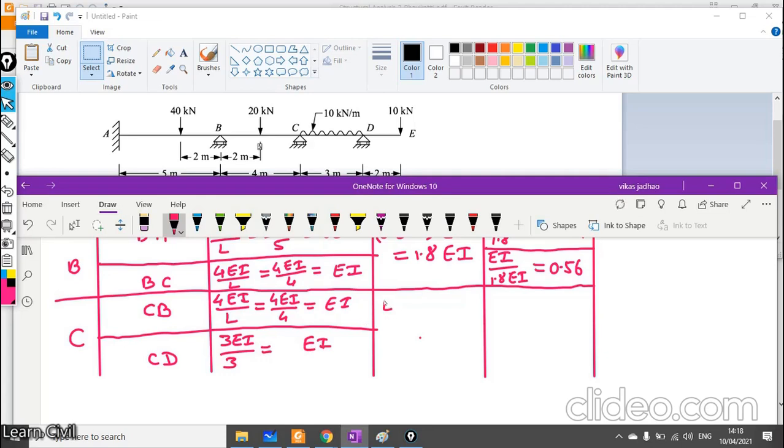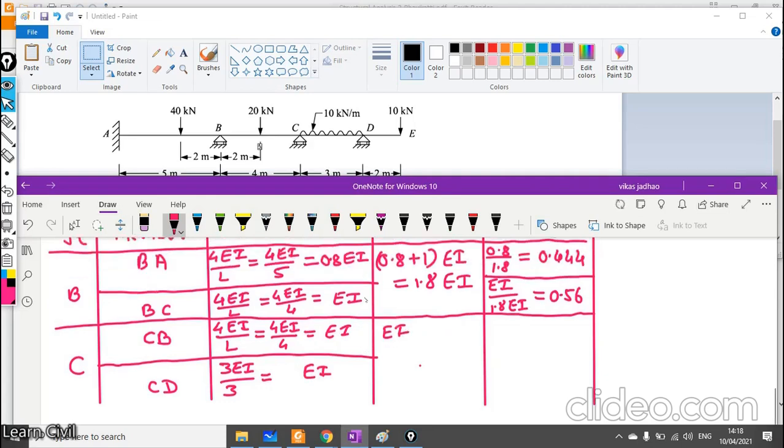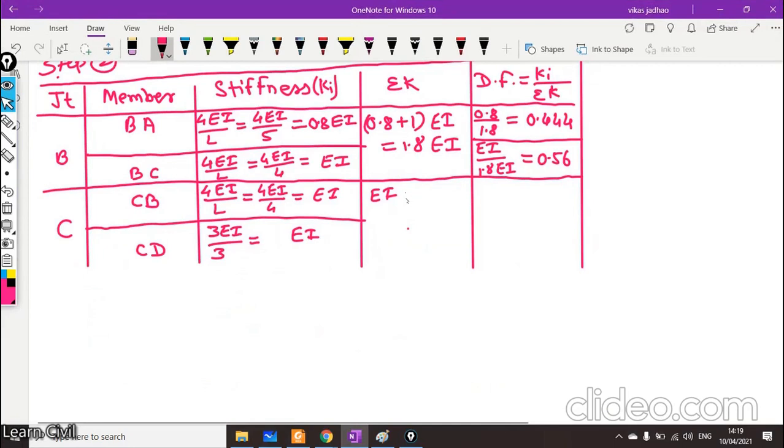Summation of stiffness will be EI plus EI, so this will be equal to twice EI.